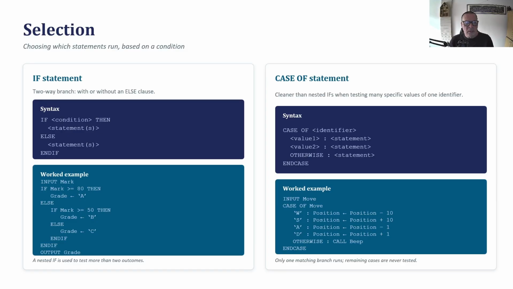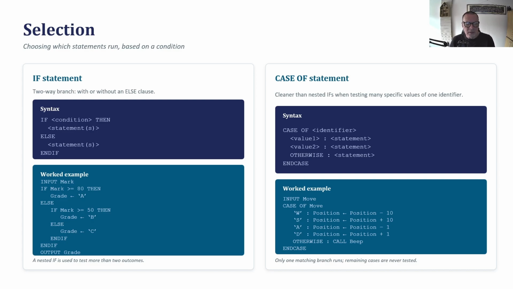And going back to the if and end if for a moment, you can nest them. So in that example at the bottom left, we have an example where we're putting an if inside an if, and you just have to follow the logic from the outside inwards, so from the outer level all the way in.